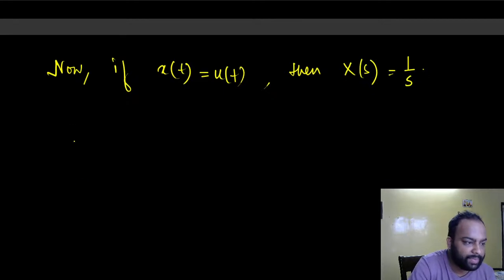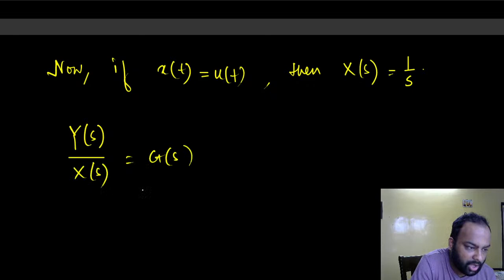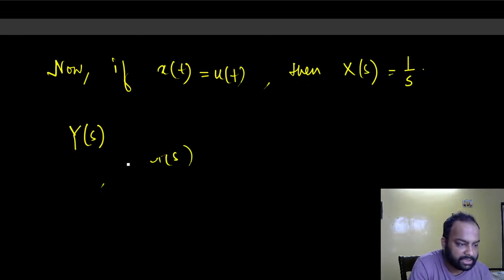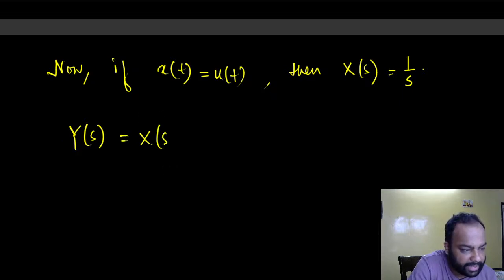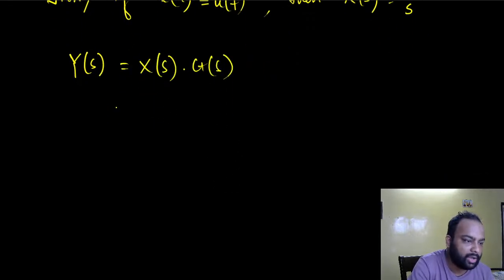All right. Then the Laplace transform of the output, since we know Y(s) by X(s) is equal to G(s), we know that Y(s) would be equal to X(s) into G(s). Of course, that is the whole thing here. So what is X(s)? That's 1 by s.